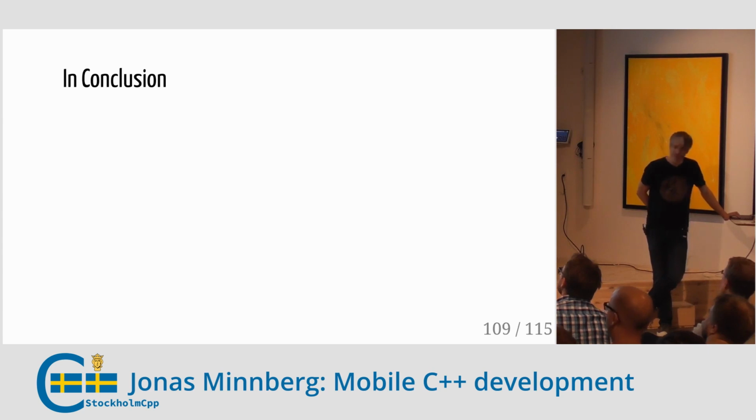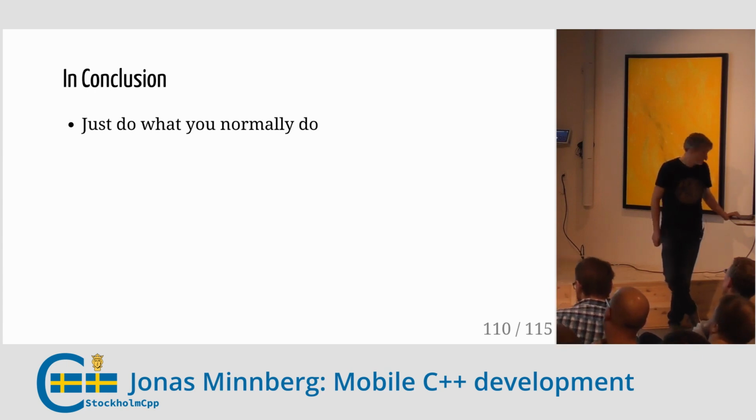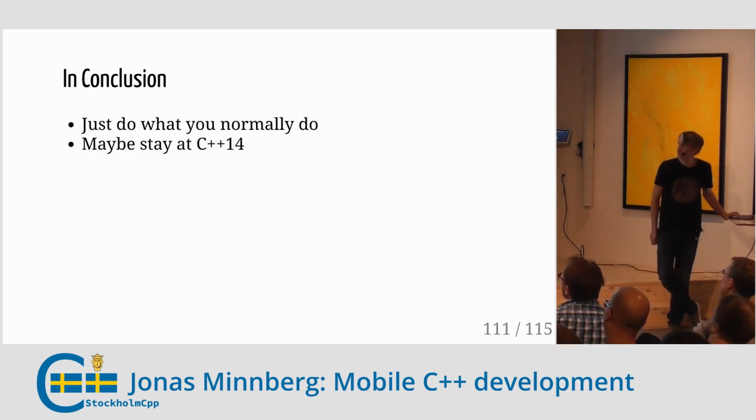In conclusion, I don't have much of a conclusion, but basically just do what you normally do. See, it's still C++, even on mobile. The parts that are different do not have much to do with C++. Maybe stay at C++14 for now.